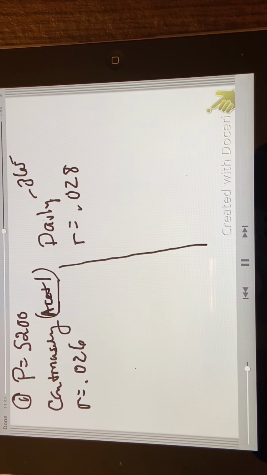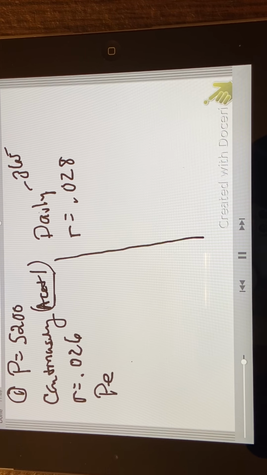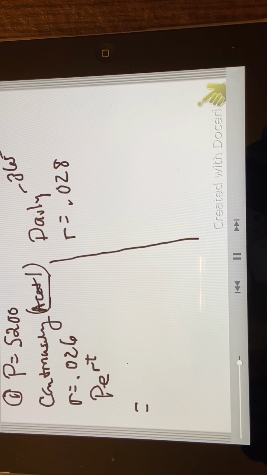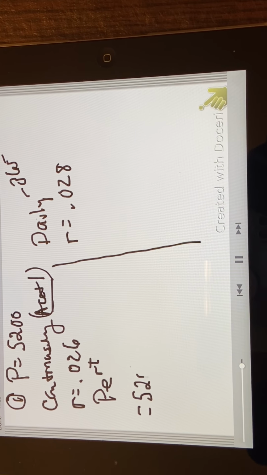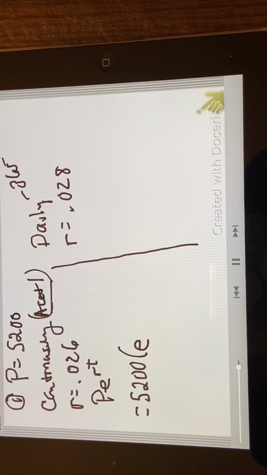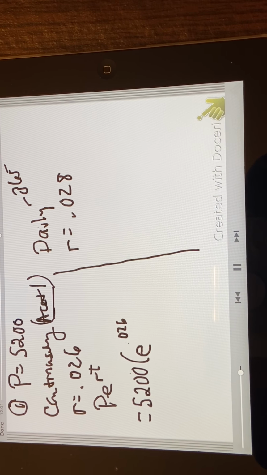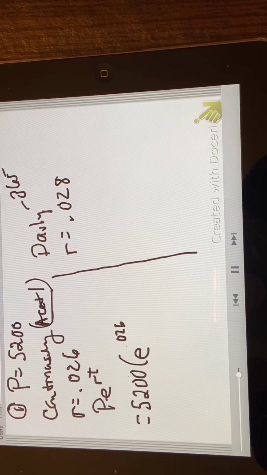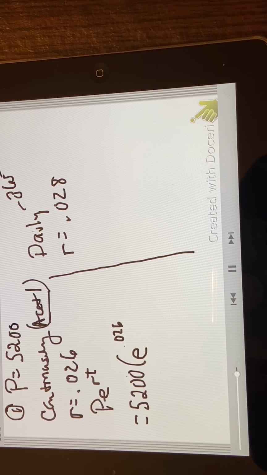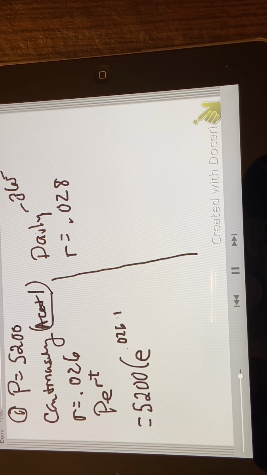And so here is the formula for the first one, PERT. So my principal, 5,200. E, and then the rate, 0.026, and we're going to do it for 1 year. She just wants to know the annual time, so that's going to be 1.